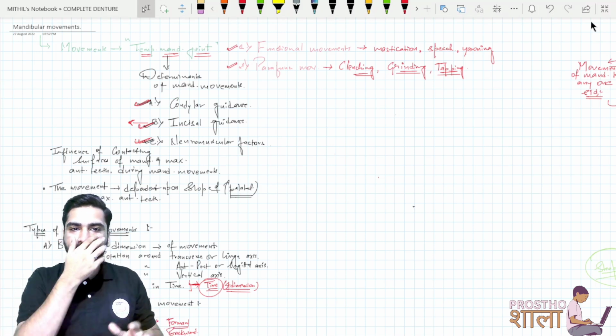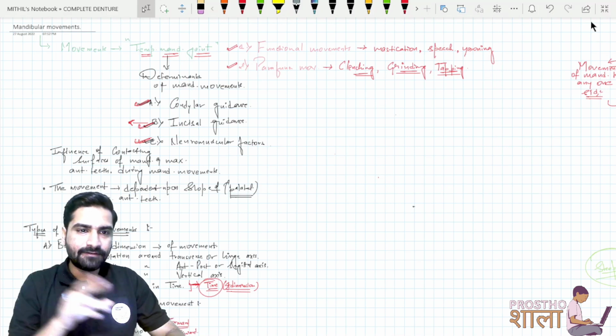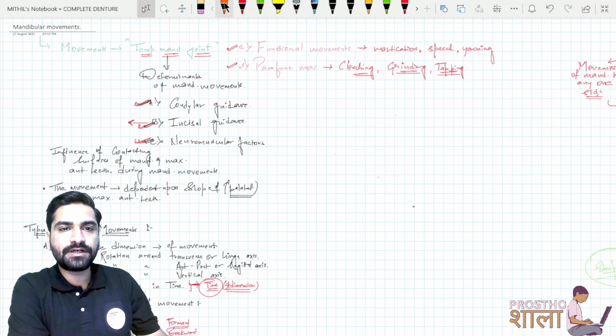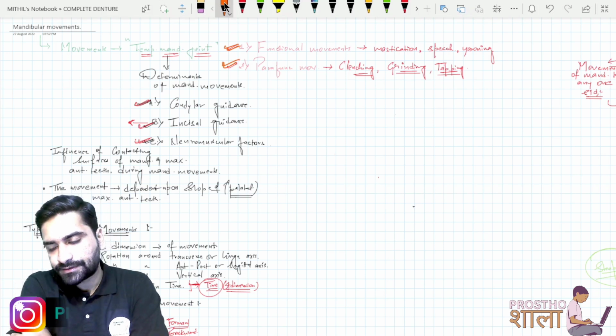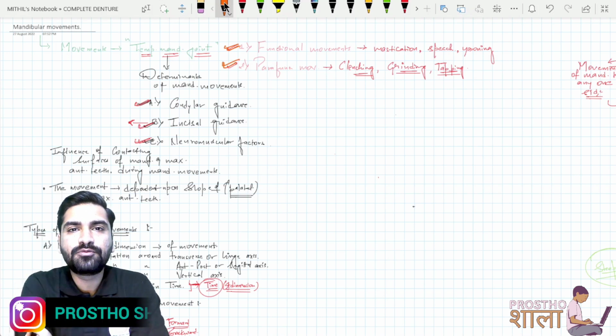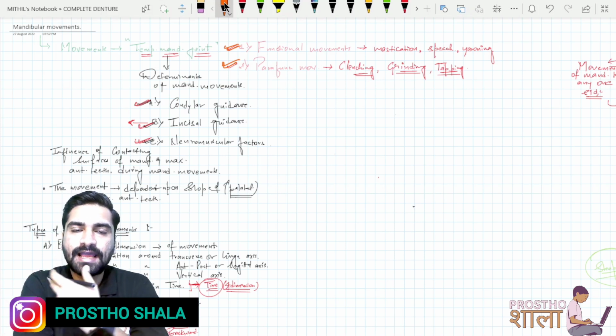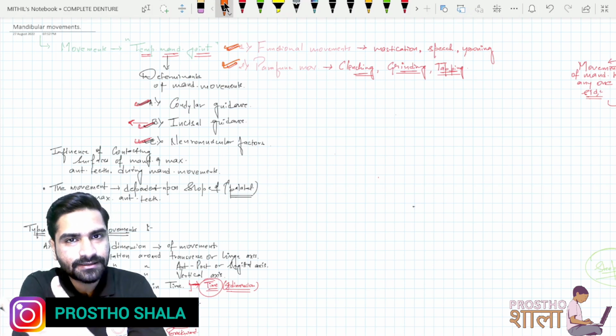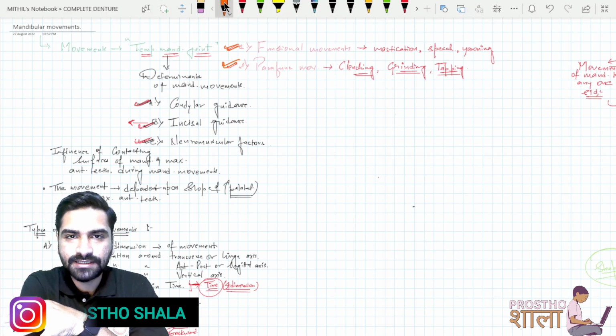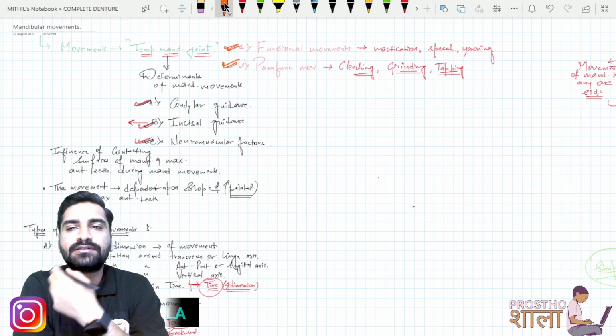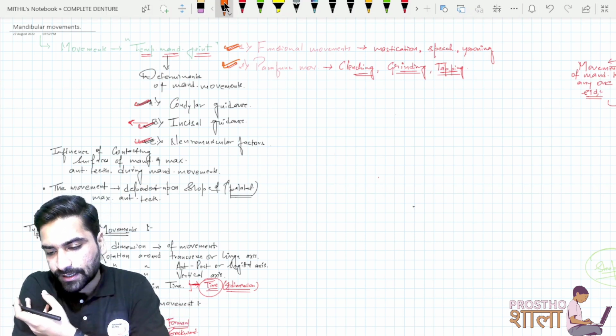So firstly, if I want to broadly divide the movements of mandible, I can divide it into two: functional movements and parafunctional movements. What do you mean by functional movements? The movements which the patient is going to use to carry out the functional activities are called functional movements. That can be like mastication, speech, yawning, right?